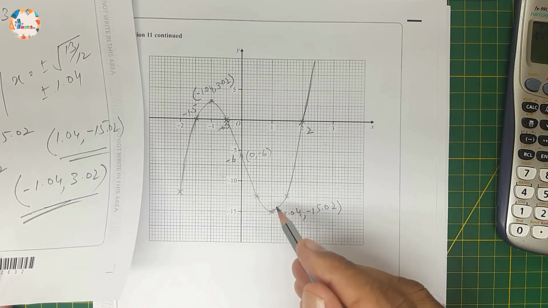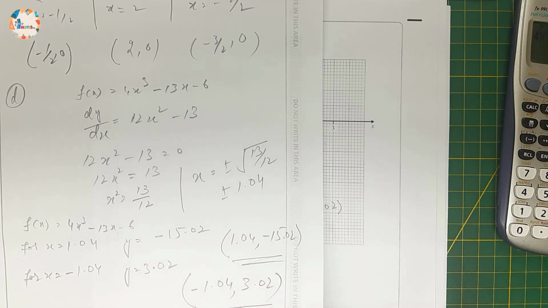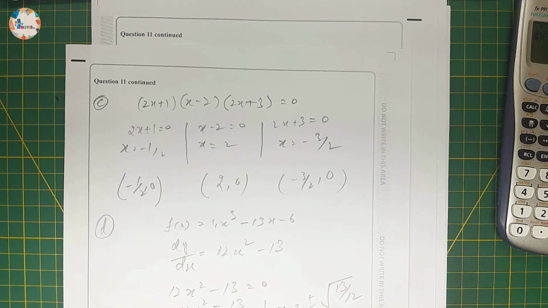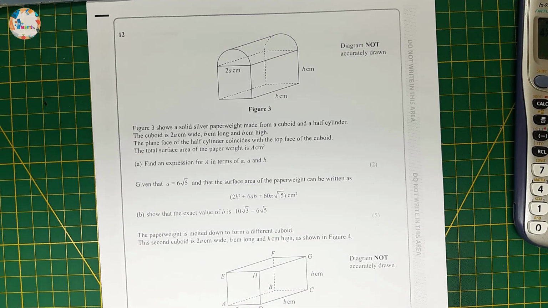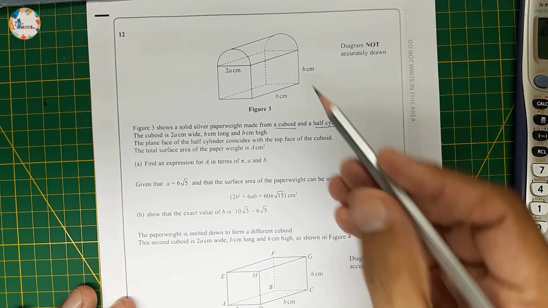So the easiest way is to use these values which we found in part D of this question. Question number 12 says figure 3 shows a solid silver paperweight made from a cuboid and a half cylinder.